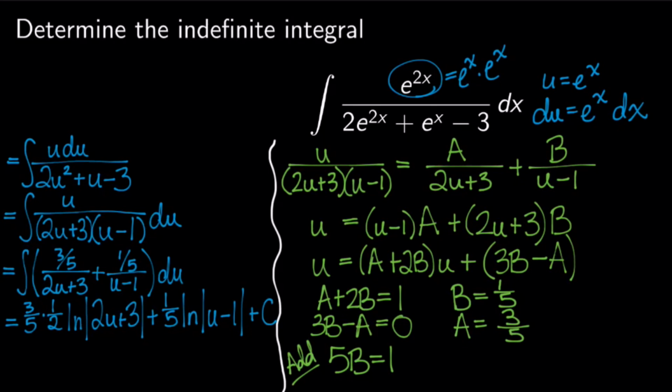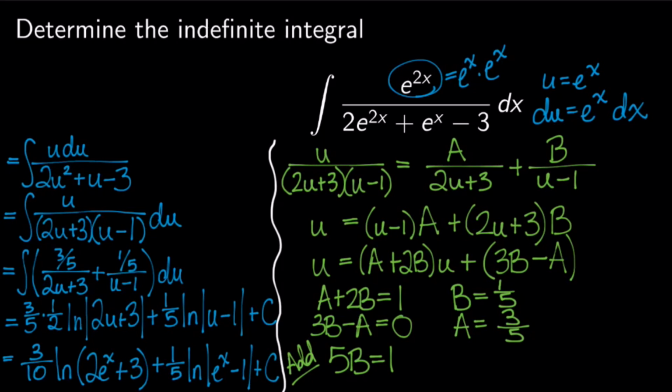The antiderivative of 1 over 2u plus 3 is actually equal to 1/2 times the ln of absolute value, 2u plus 3. And here's the 1/5 from above, and then there's ln absolute value u minus 1, and then I have a plus C. And I only have one more step to do, which is to put the e to the x's back in their spot.